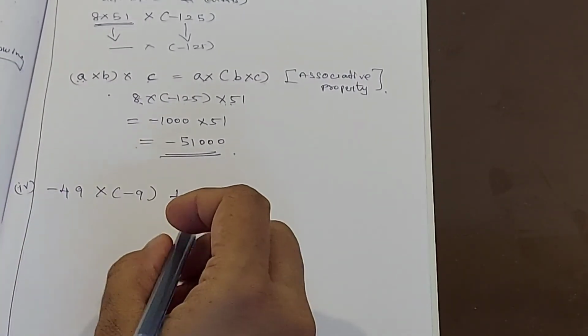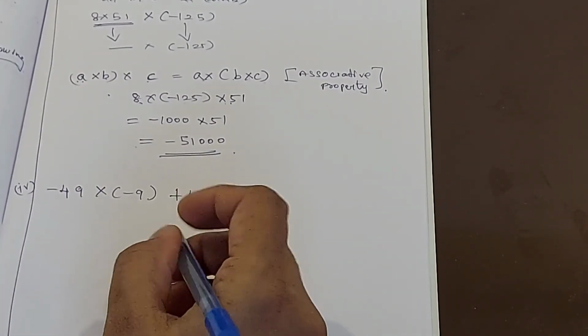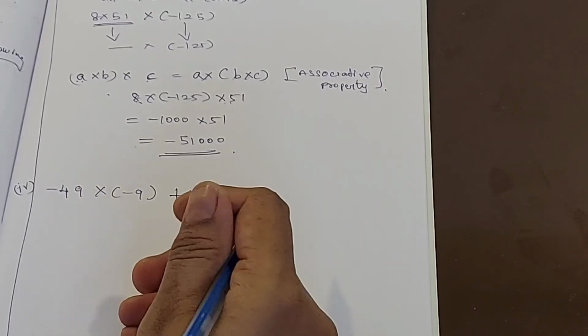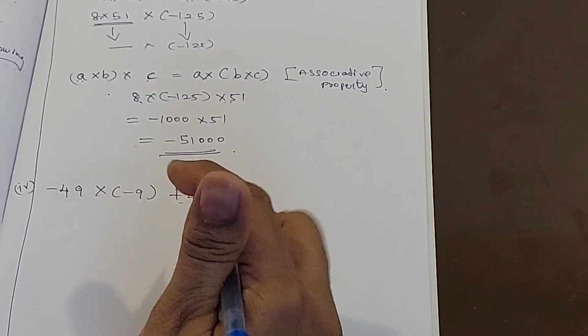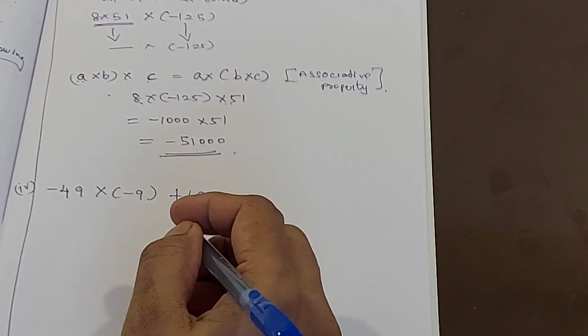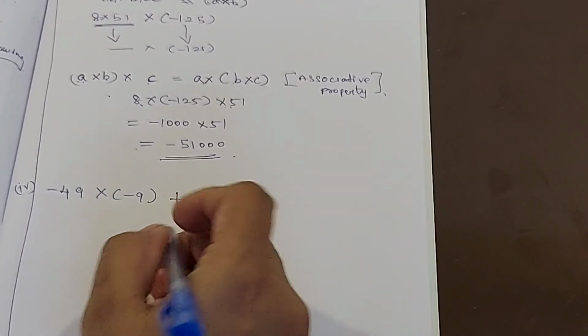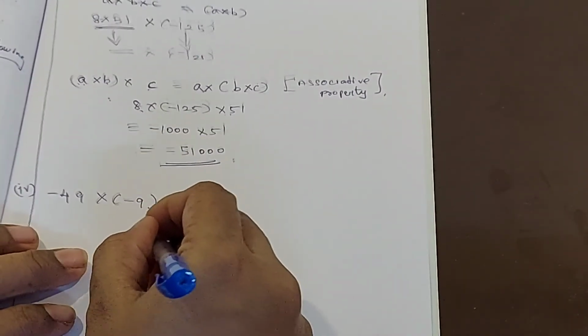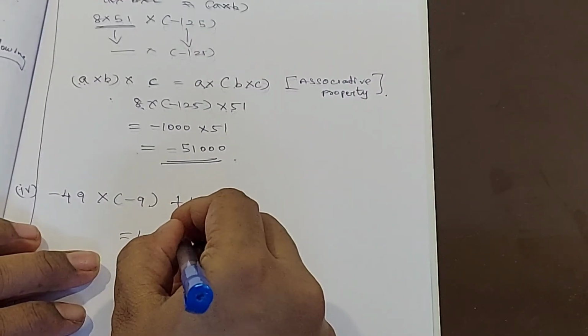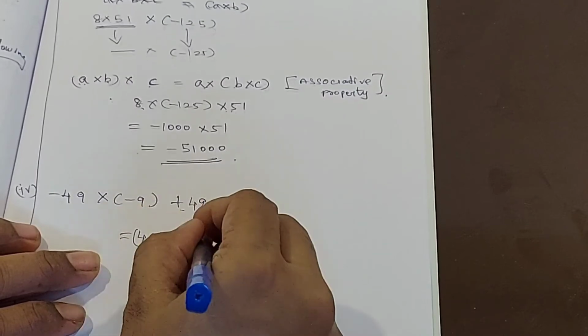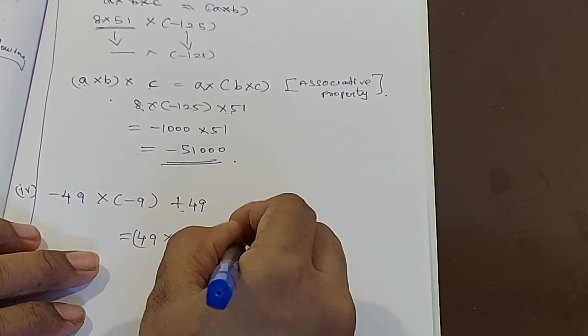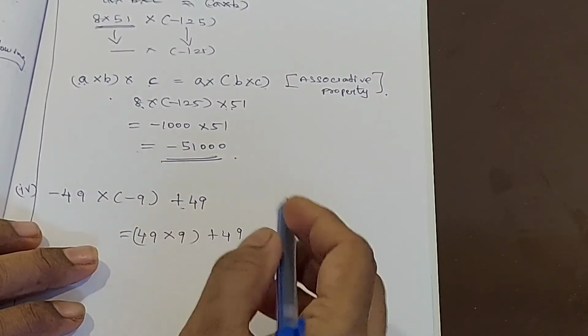Just think about which property will come here to solve this problem. Yes, distributive property. Again we are going to use this distributive property, that is 49 into 9 plus 49, right?